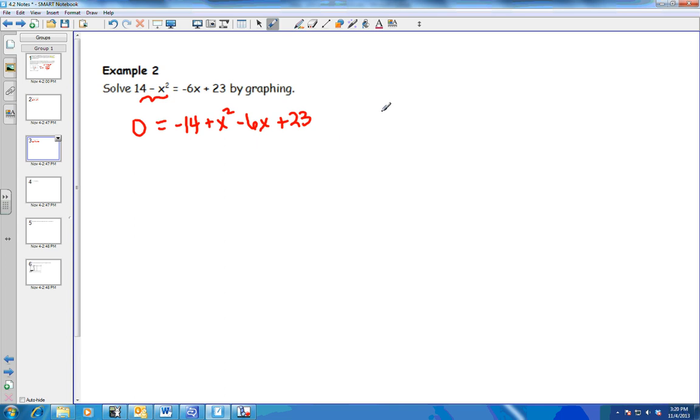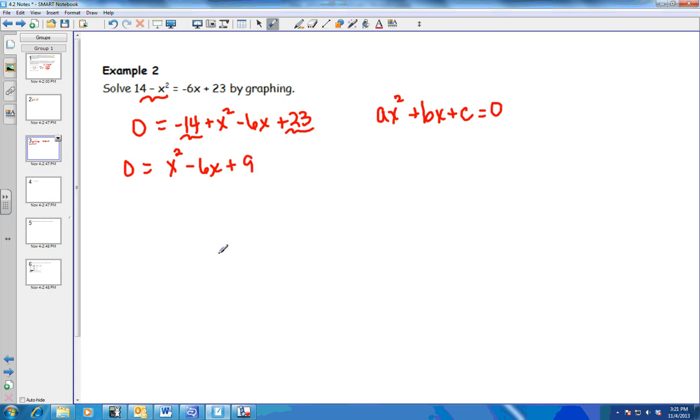Then let's write this in standard form, ax squared plus bx plus c. We want our x squared term first, so I have x squared minus 6x, and then I'm going to combine my negative 14 with my positive 23. That's going to be 9.